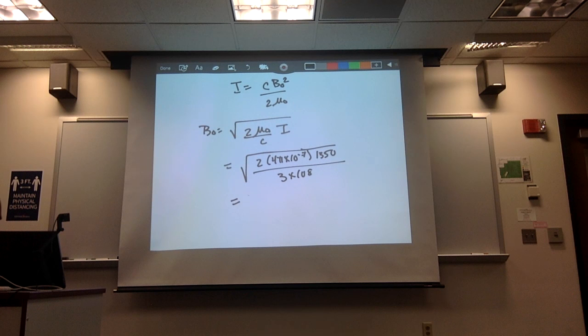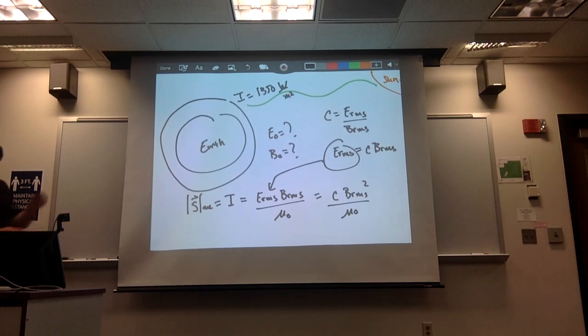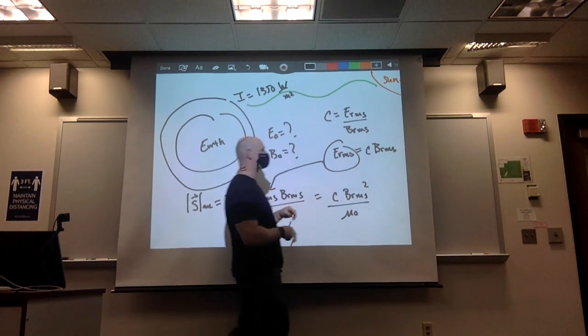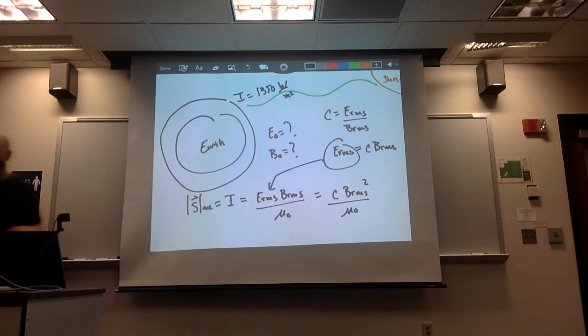This works out to be about 3.37 times 10 to the minus 6 Teslas. From this, going back a slide, we know that the magnitude of the electric field is simply equal to the speed of light times the magnitude of the magnetic field.